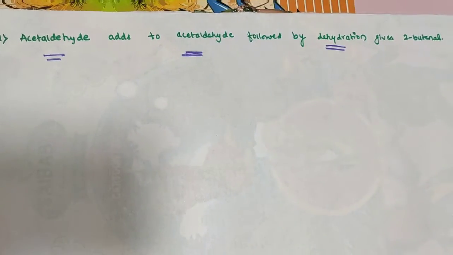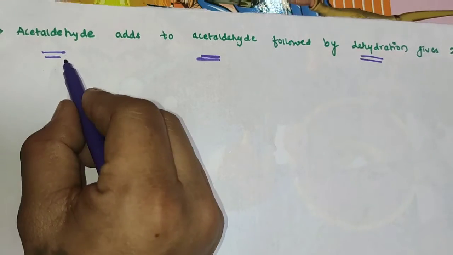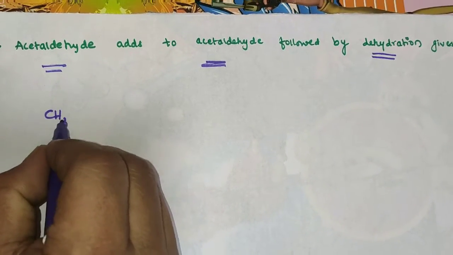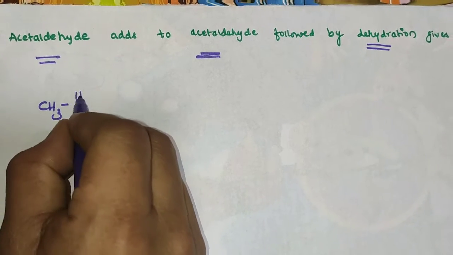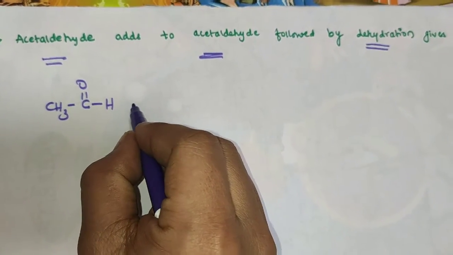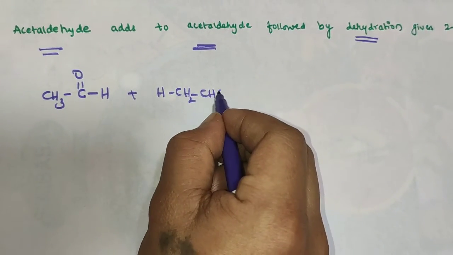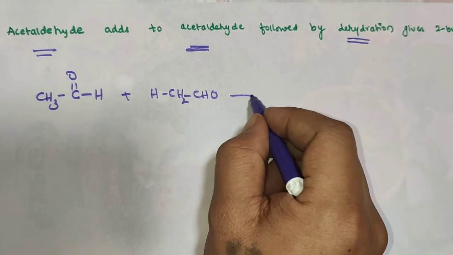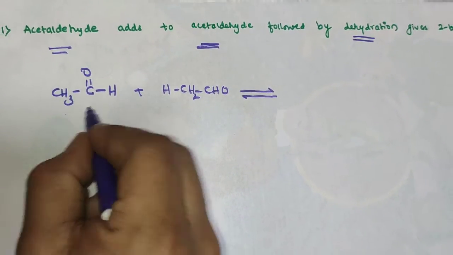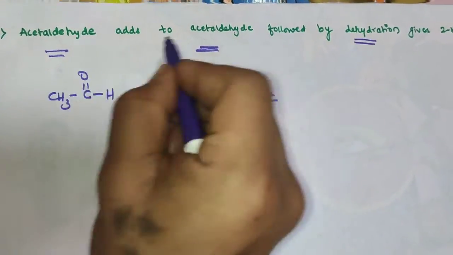Now let us take the reaction between acetaldehyde and acetaldehyde, and see how products can form between the same type of reactants. Here we take ethanal and ethanal, that is, acetaldehyde and acetaldehyde.